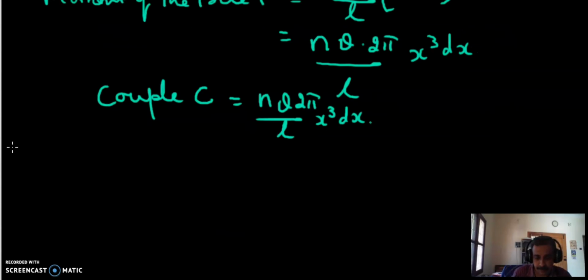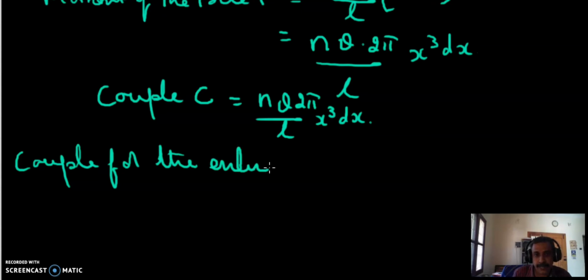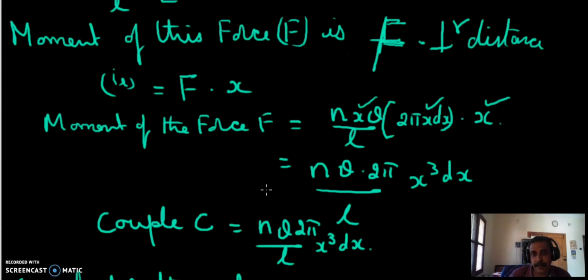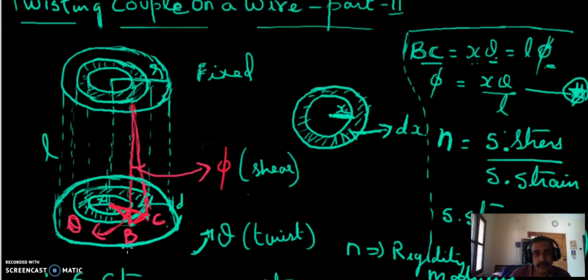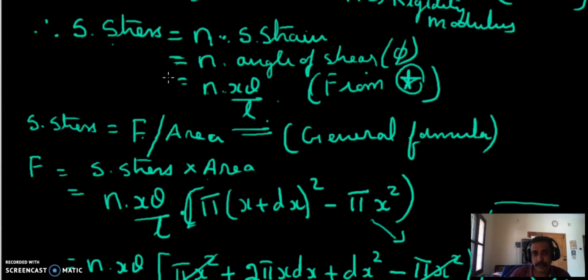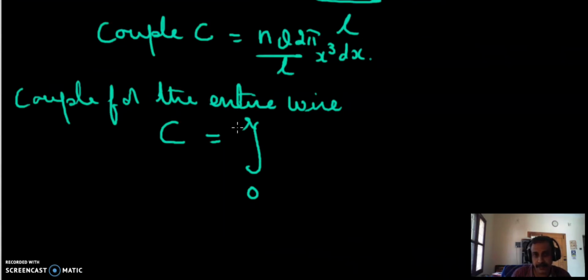Now if I want the couple for the entire wire, it is given by C equal to the integral from 0 to R. From the diagram we can see that this wire starts from 0 and the radius of the wire is R. If we integrate it from 0 to R, we'll get the couple for the entire wire.